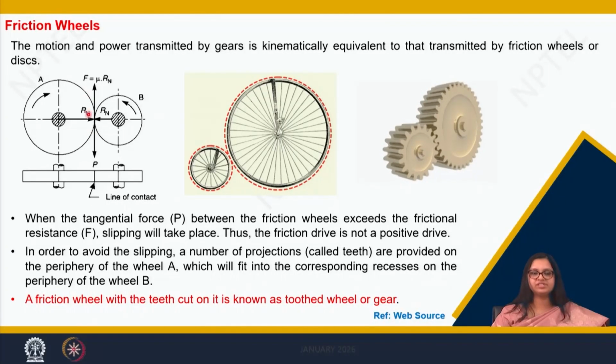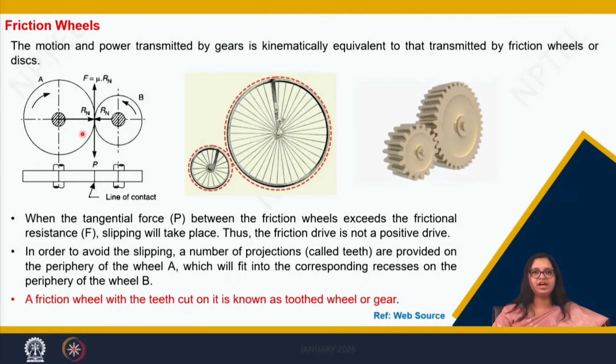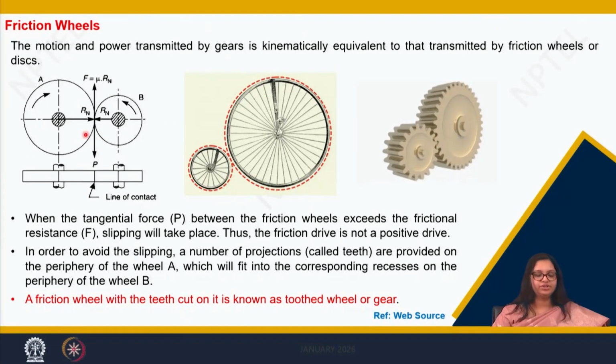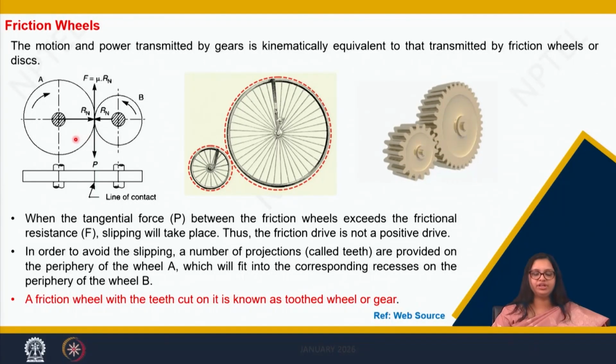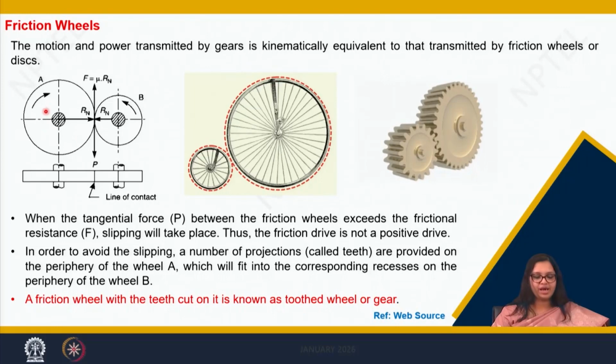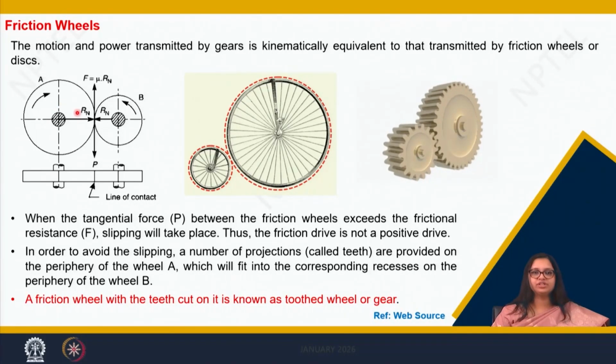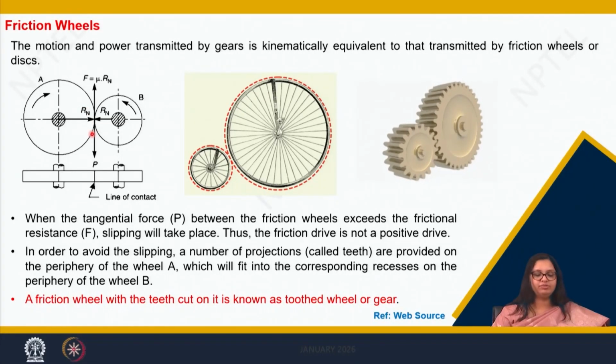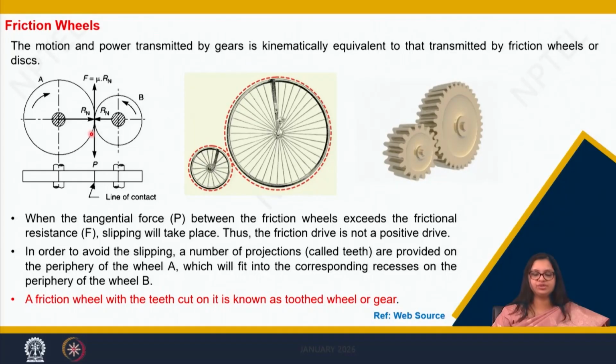That is, the surfaces have sufficient roughness, and when they are brought closer to each other, there is some coefficient of friction. However, while you use them over a period of time, these wheels may lose their frictional properties. In that case, there will be slippage of these friction wheels.